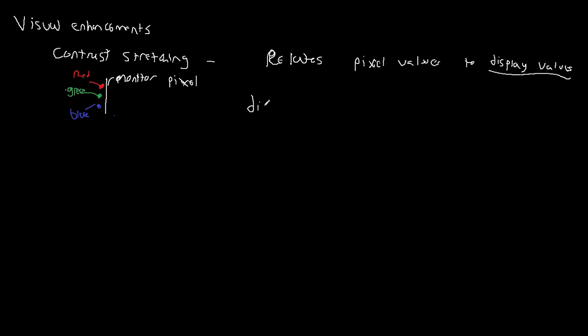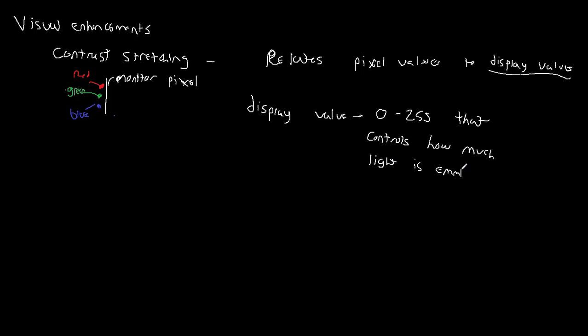A display value is basically a number between 0 and 255 that controls how much light is emitted. Let me try and explain that a little bit clearer.